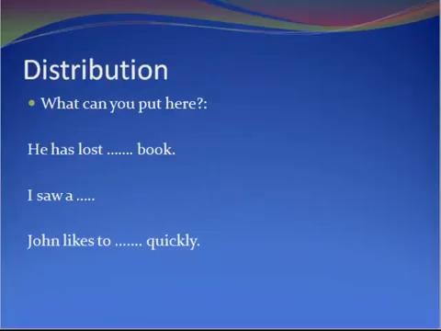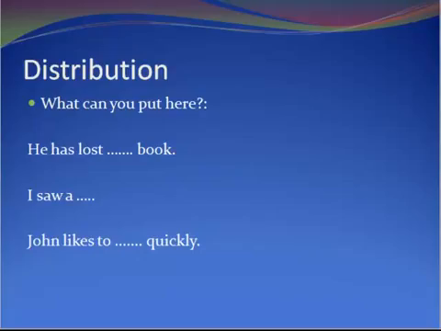Okay, now distribution. It's not just about nouns. We can do different tests, and different tests will give us different categories. So if you say "he has lost ... book," what kind of word can go there? You could put the, and his, or my, or that, and because all those words go in the same place, it turns out they're all determiners.